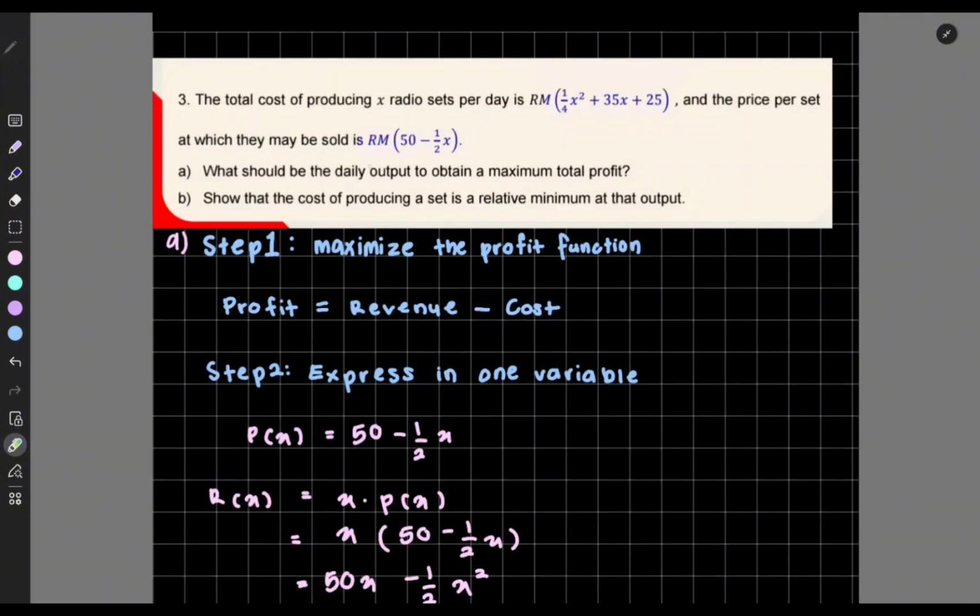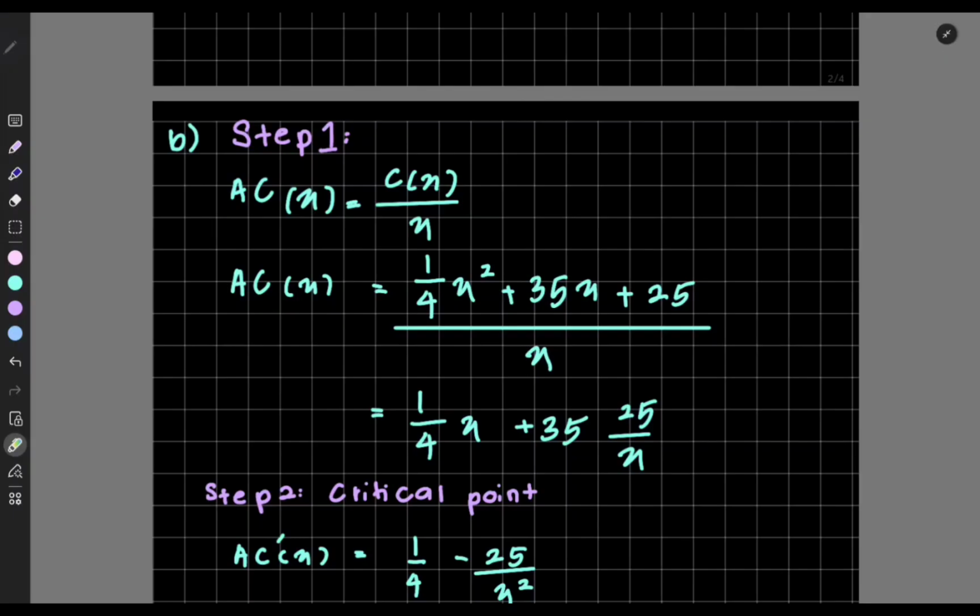For question B, they ask us to show the cost of producing a set is a relative minimum at that output. To find the cost of producing one ratio set, we use the average cost function.